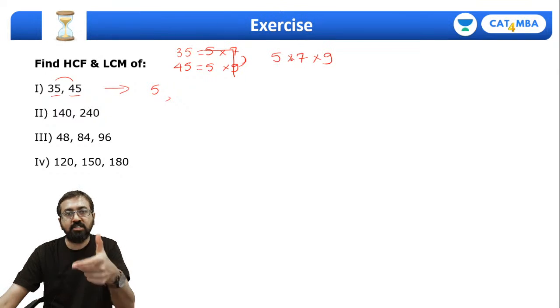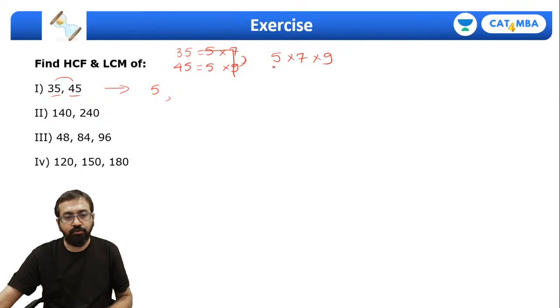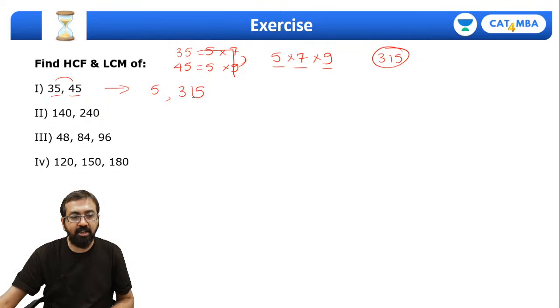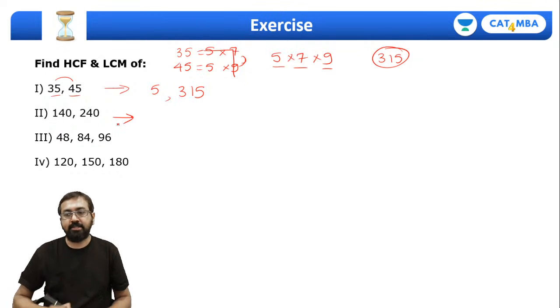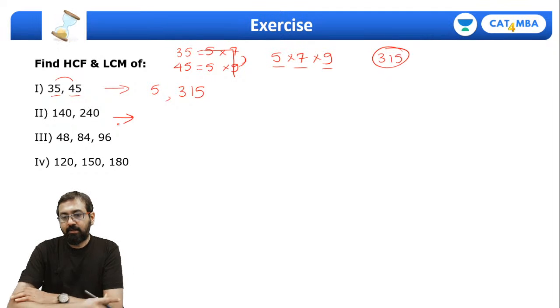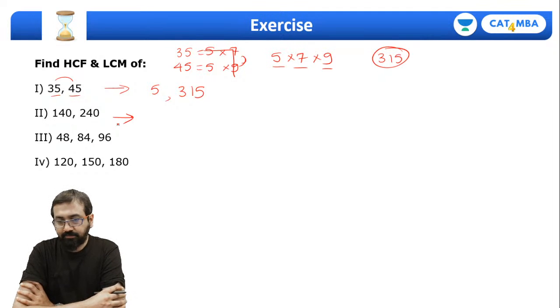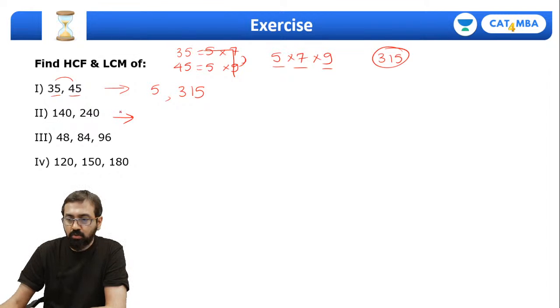Just draw that reverse L and you are through. 5 7s are 35, 9s are 315. So LCM is 315. No, 10 is incorrect. HCF is 5, LCM is 315.